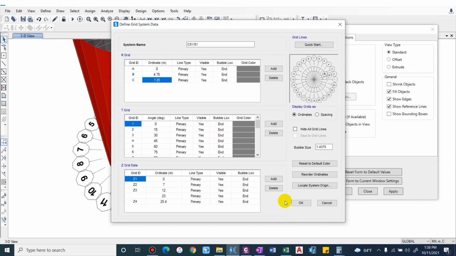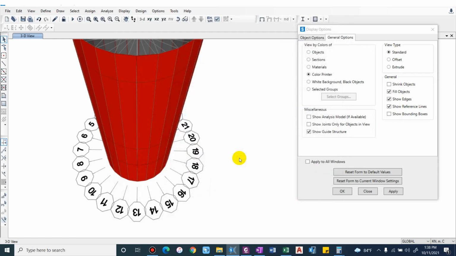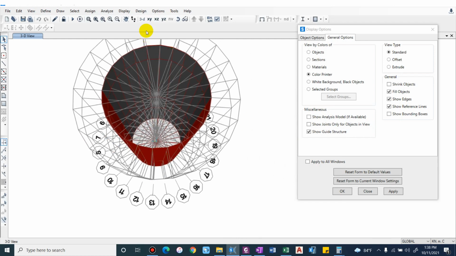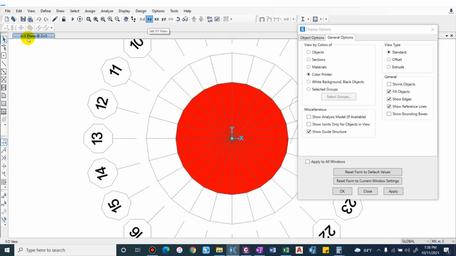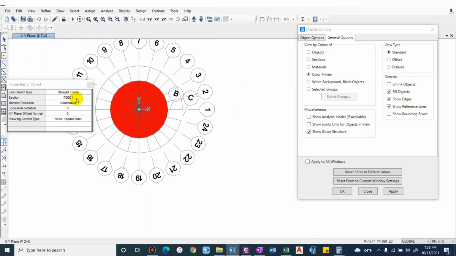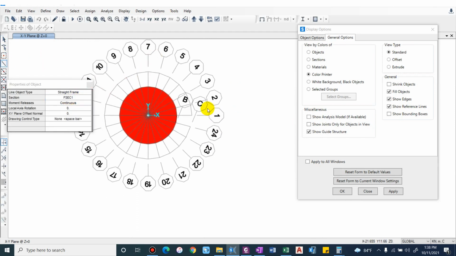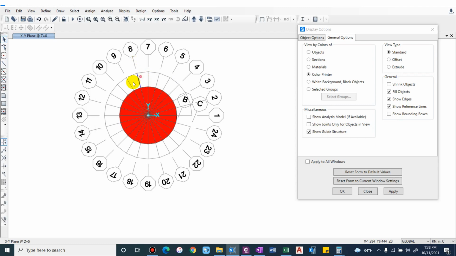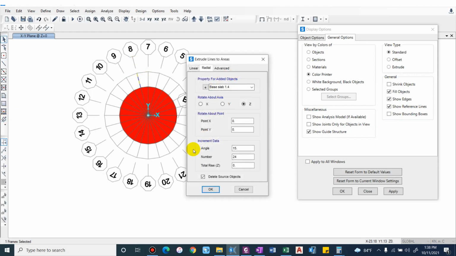So let us add 7.25. Okay, now go to XY and at Z equal to 0. Again we'll draw a frame, and we'll draw from this direction to this, and we'll extrude the base slab.